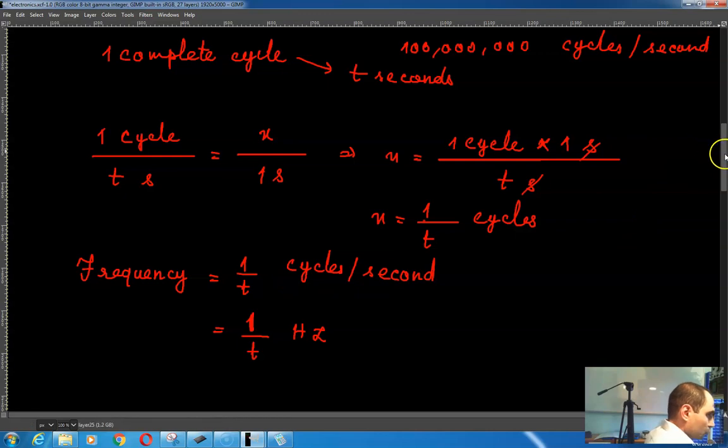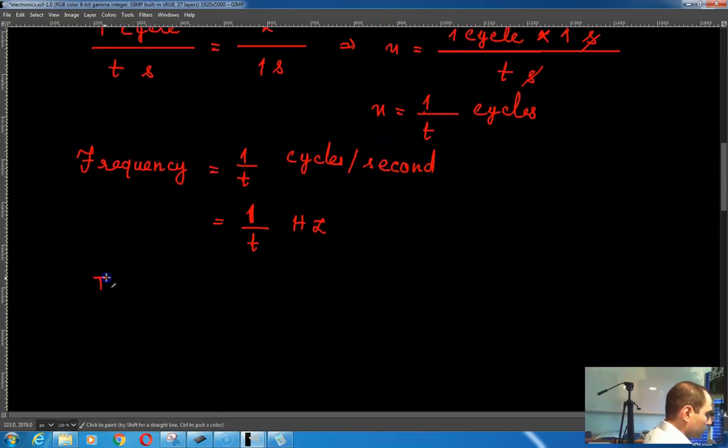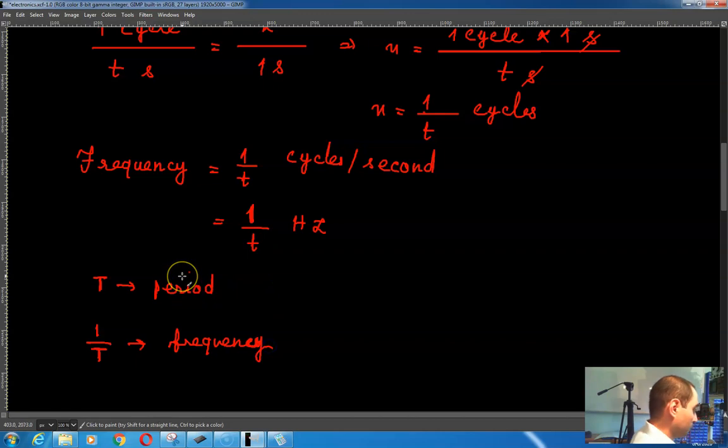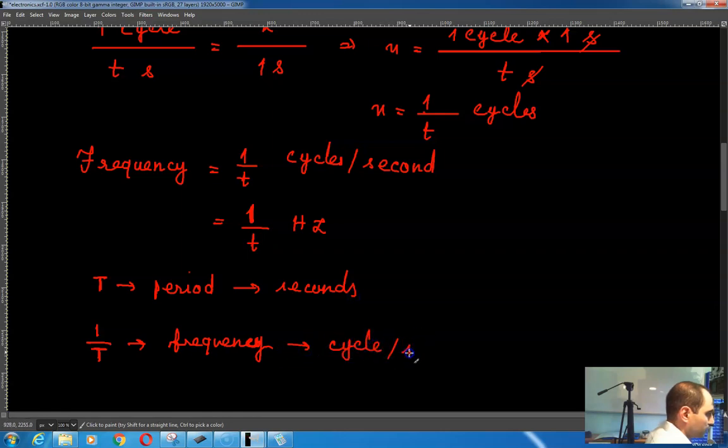So long story short, whatever your period t is, 1 divided by t would be your frequency. Your period is in seconds, and your frequency is in cycles per second, which is the same thing as hertz, right? Okay, so that is basically that.